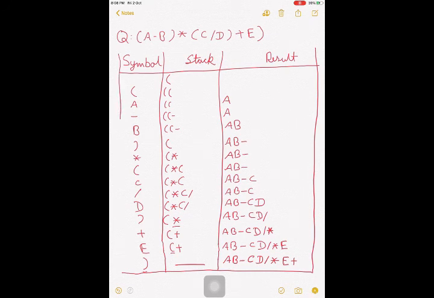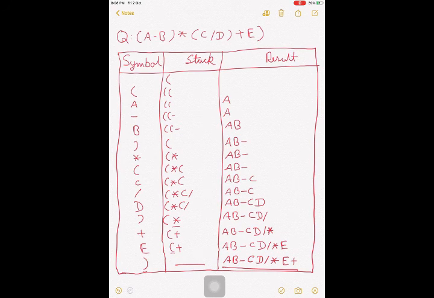Okay, so this is your result. You have got the result. So that's how you convert an infix expression to postfix expression.